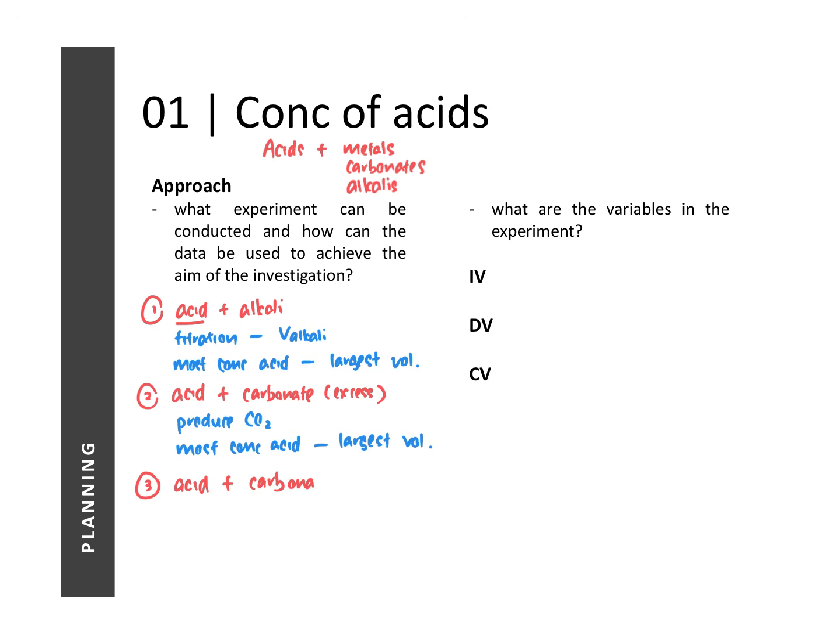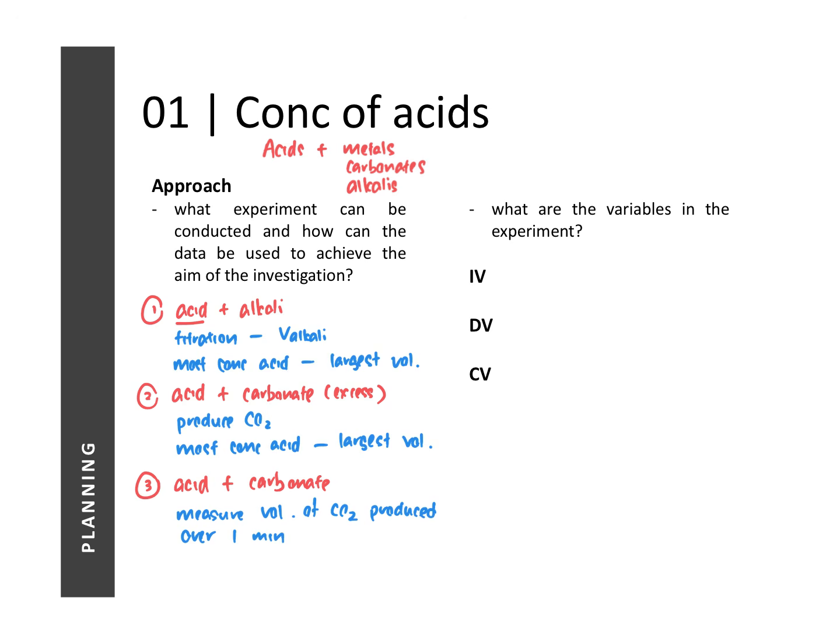Instead of measuring the total volume of CO2 produced, the final volume, we can actually measure the volume of CO2 produced over a fixed time interval, for example, over 1 minute.